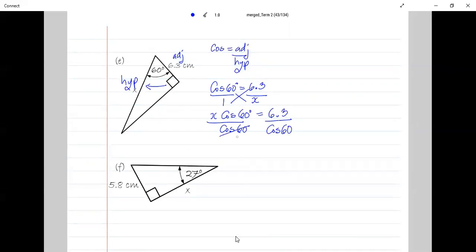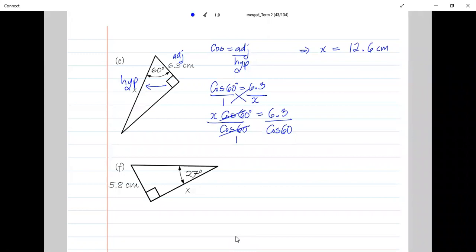So here this cancels this. And so I'm left with x equal to, you put that now in a calculator, 6.3 divided by the cosine of 60. The answer is 12.6 centimeters. And so the length of the hypotenuse is 12.6 centimeters.